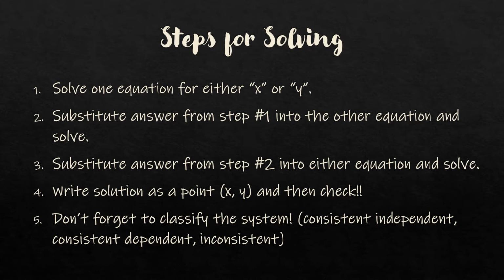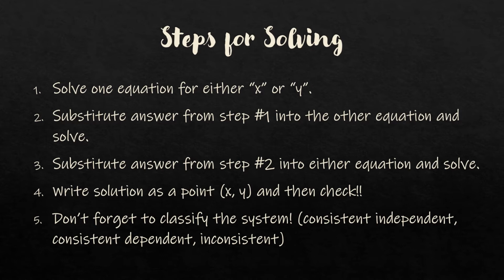Then once you've solved it, you are going to get a numerical answer, x equals 5, y equals 2, whatever the case is, and you're going to substitute that back into the other equation and solve it again for the missing variable. Then you're going to write your solution as a point and make sure to check it. And then the last step, just don't forget to classify.